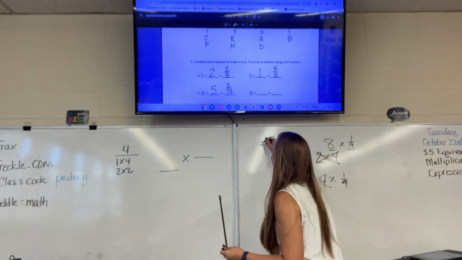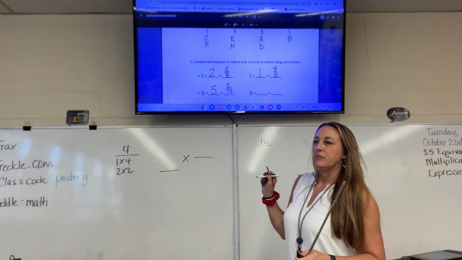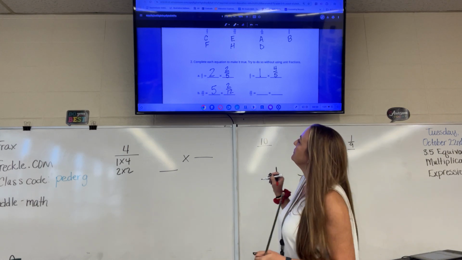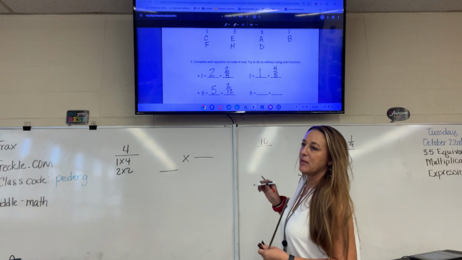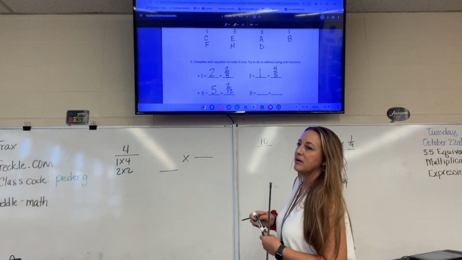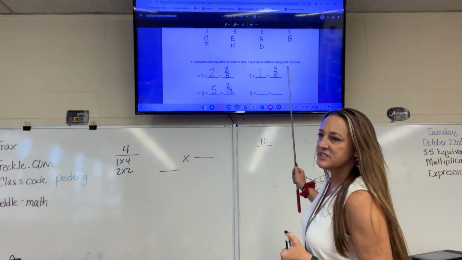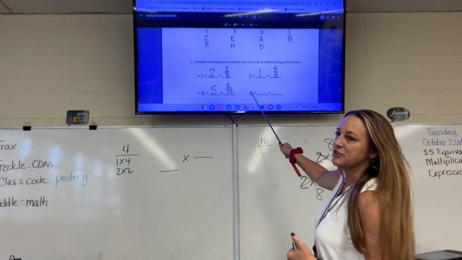What are the factors of 10? The numbers you can multiply to get 10. Are you saying the answer to the problem? Okay. Did you say 5/12? What would you multiply 5/12 times to get 10/12?